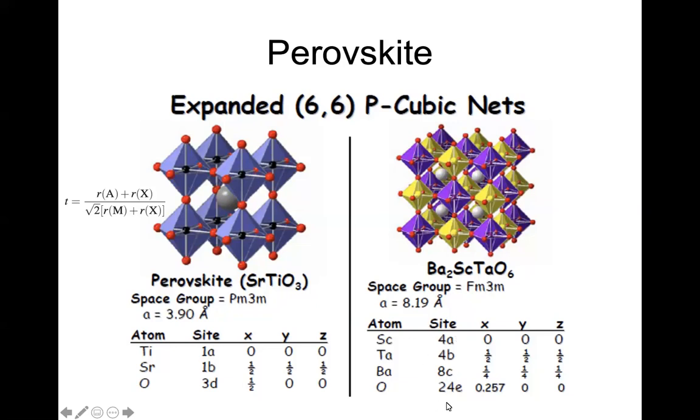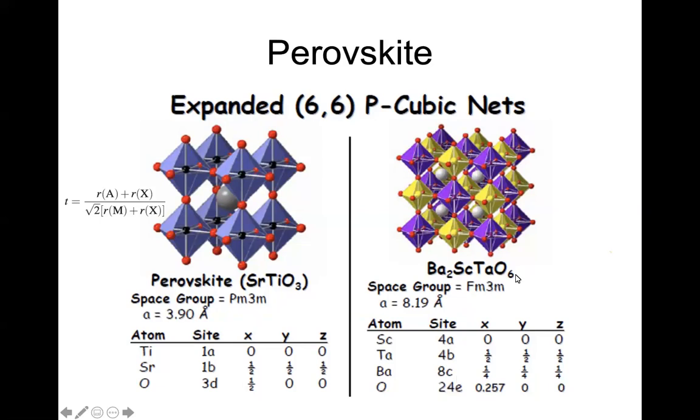So you can now see this Wyckoff site 4A. So you can divide, normalize by 4. 4A scandium, 4B tantalum, 8C is barium, and 24E is this one.